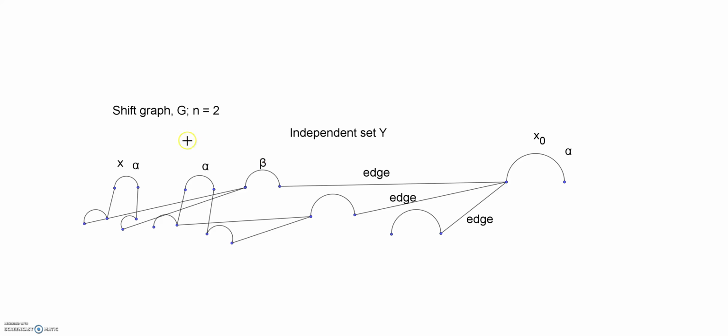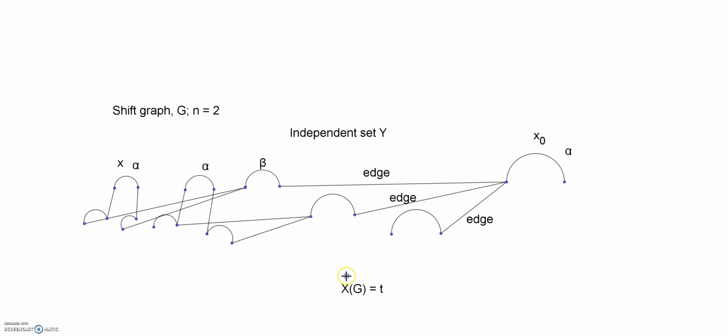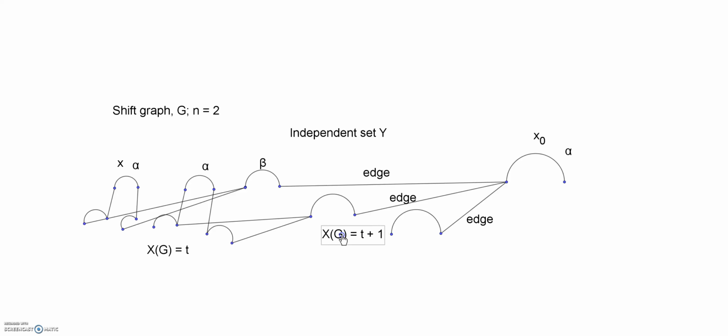And so we find that because our original coloring was, if I do chi of G, the chromatic number was originally t. Originally for this graph, we now find that it must be t plus 1. And that is because we do the color assignment again, changing alpha to beta.